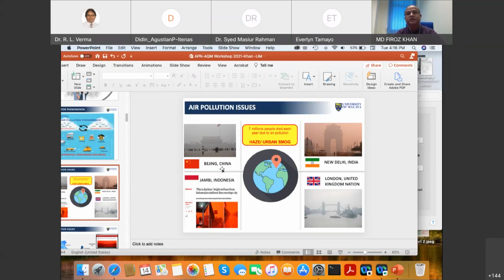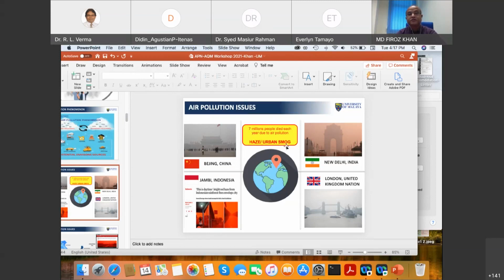And if we see the impact of air pollution on a global scale, every year about 7 million people die due to exposure to polluted air, particularly people who are staying nearby roadsides or industrial setups, right?